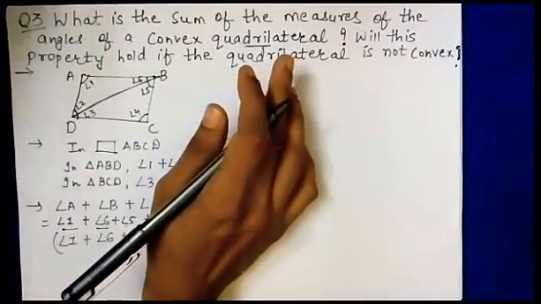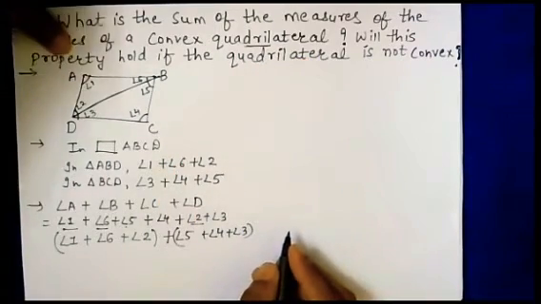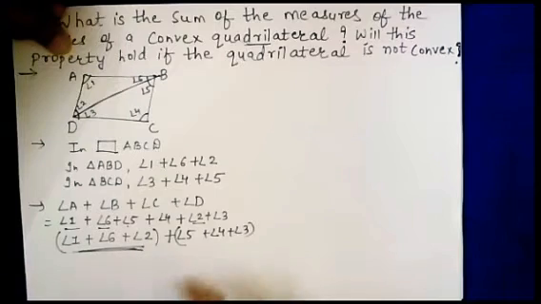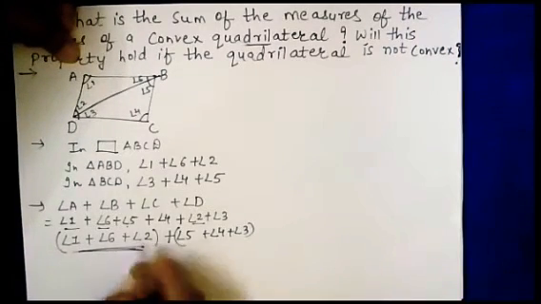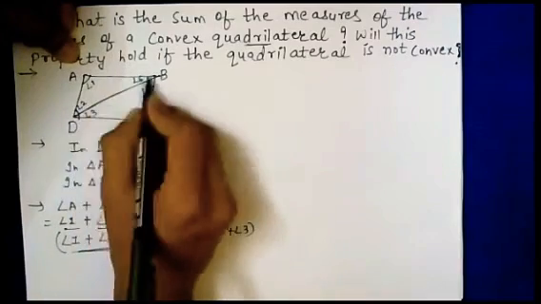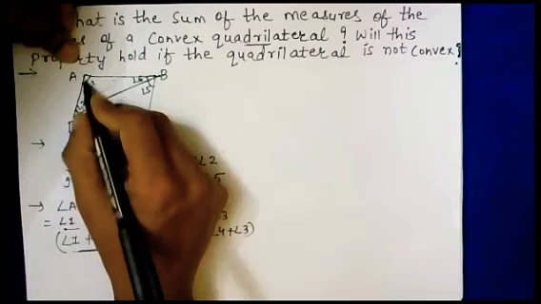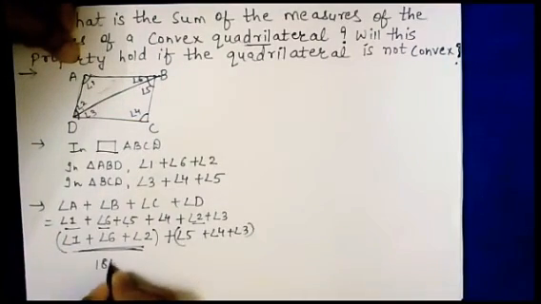Now we know the angle sum property of a triangle. What is it? The total of the three angles of a triangle is always equal to 180 degrees. So the total of angle 1 plus angle 2 plus angle 6 of this triangle will be 180 degrees.